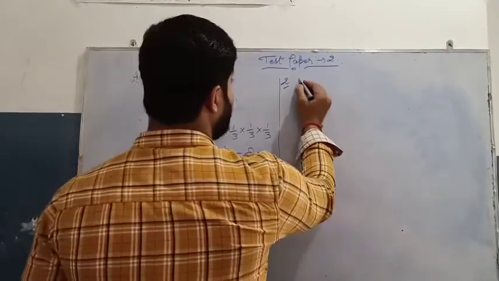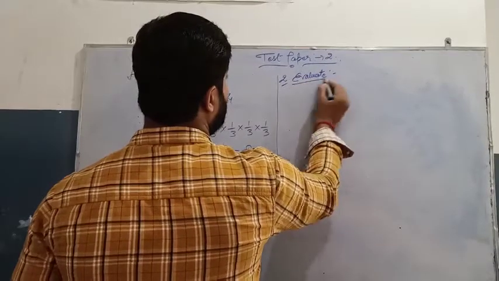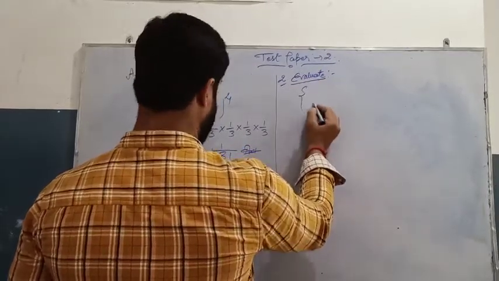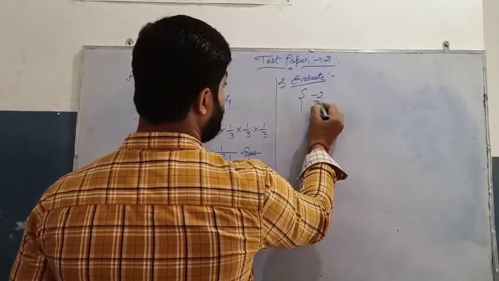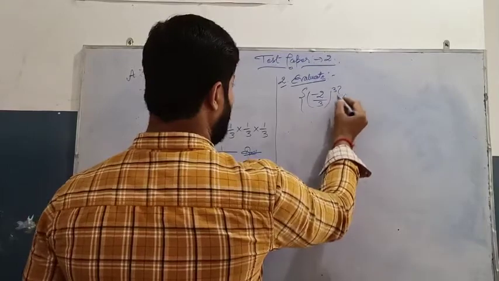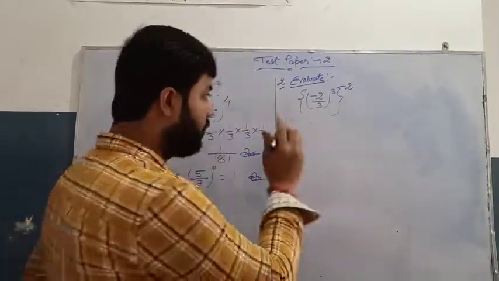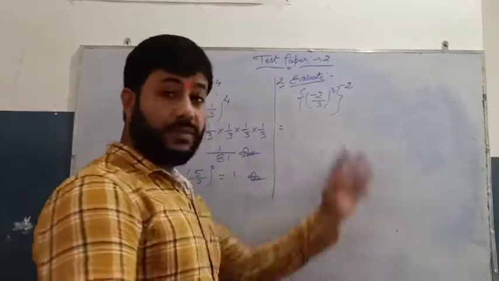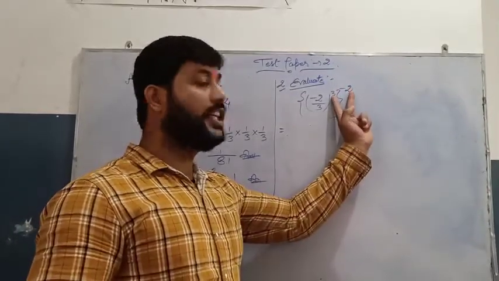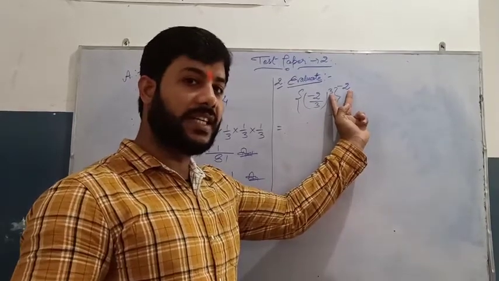Question number 2 also says to evaluate, that is, minus 2 by 3 having power 3 and again having power minus 2. To solve this, we will multiply their exponents. 3 into minus 2 will give you minus 6.